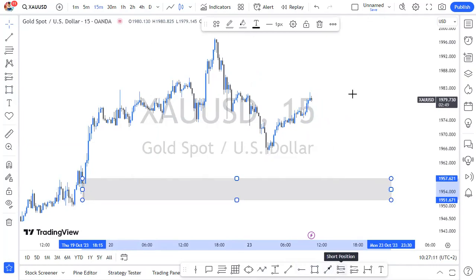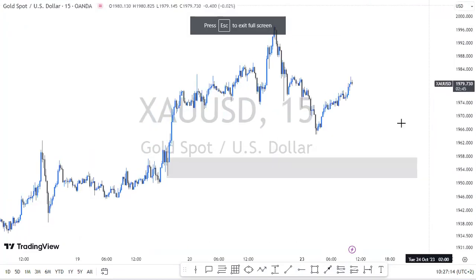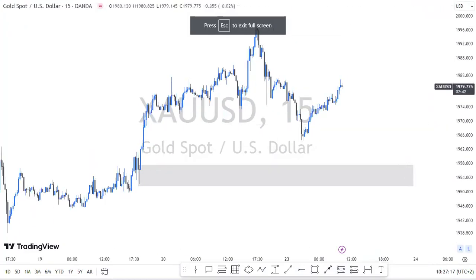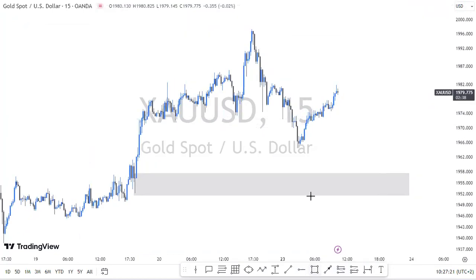From this here, let me just do the full screen. Yeah, I think it's better this way. Basically, my ultimate zone is the 2000 level. This one, $2,000. Gold is measured in dollars.